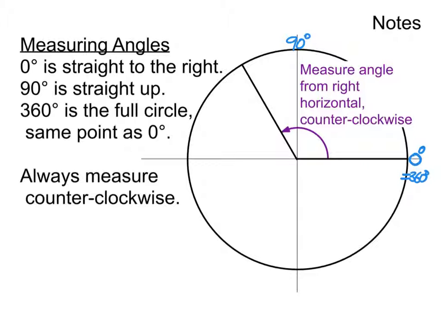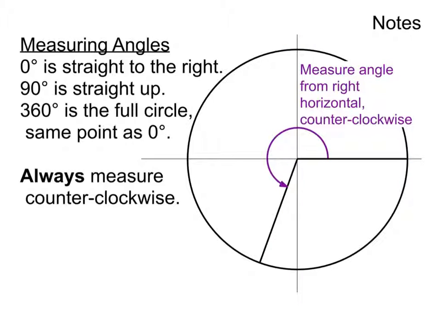Because, of course, 360 degrees in a circle means you've gone all the way around and you got right back to where you started from. Now, notice that we always measure from 0 degrees, that is from the right horizontal. We always measure from 0 degrees and we always go counterclockwise. No matter how far around the circle we're going, we always go counterclockwise from 0.